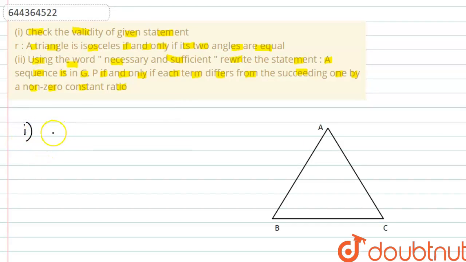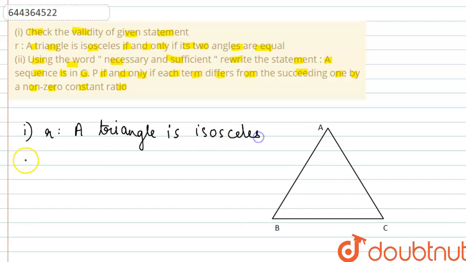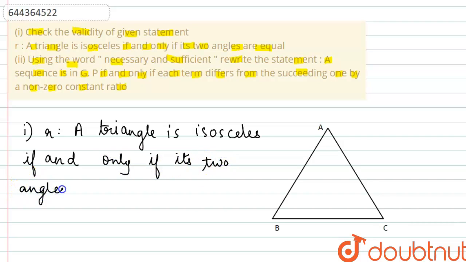So in the first question, the statement given is R, a triangle is isosceles if and only if its two angles are equal.